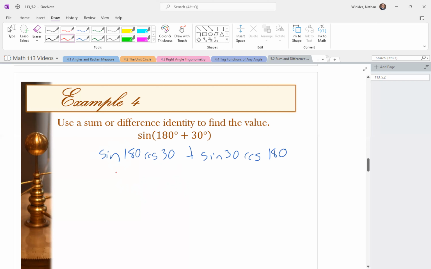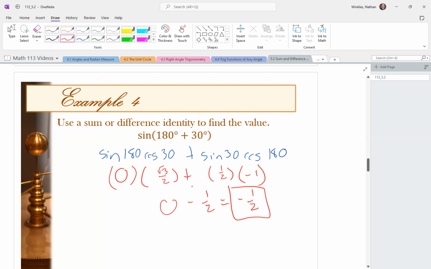Sine of 180 degrees is 0 times cosine of 30, which is square root of 3 over 2. Plus the sine of 30 is 1/2. Cosine of 180 is -1. So we get 0 minus 1/2. So we get -1/2 as our answer here.